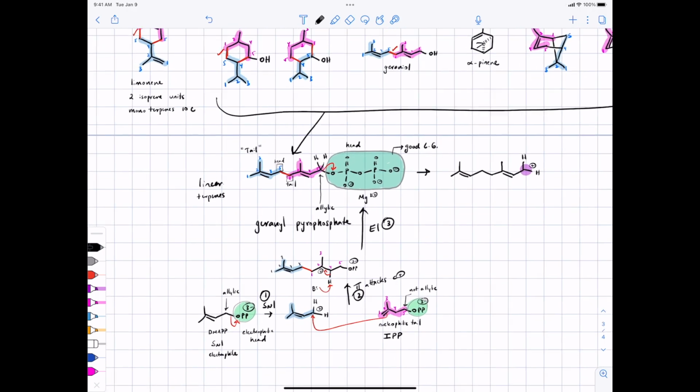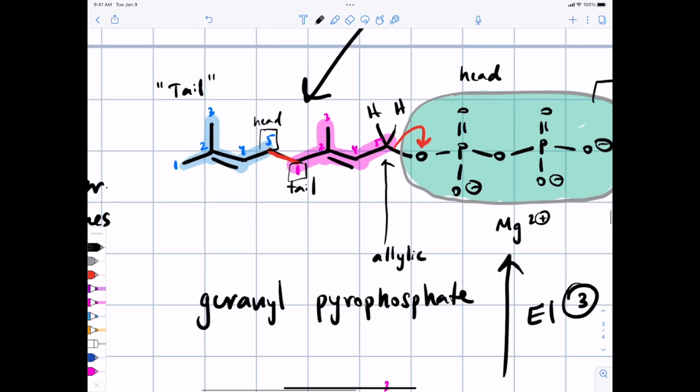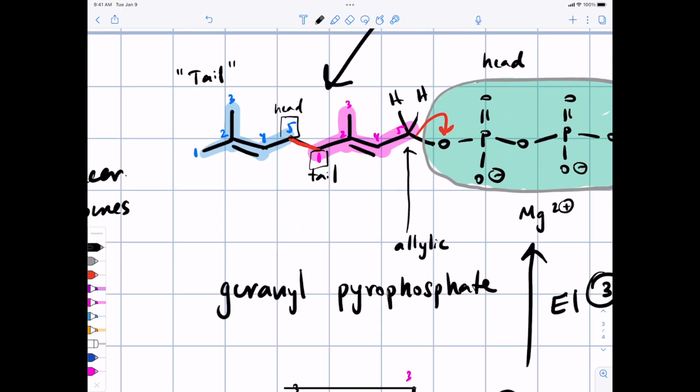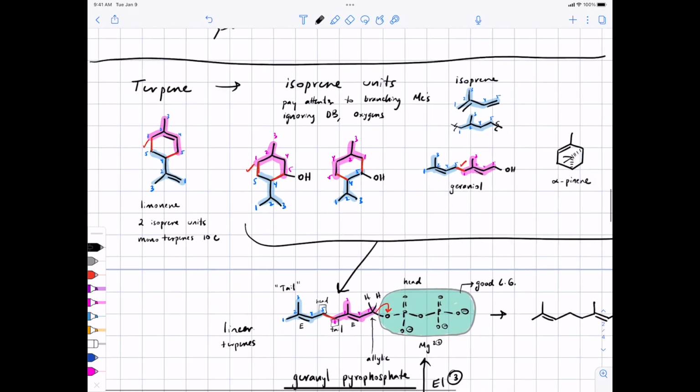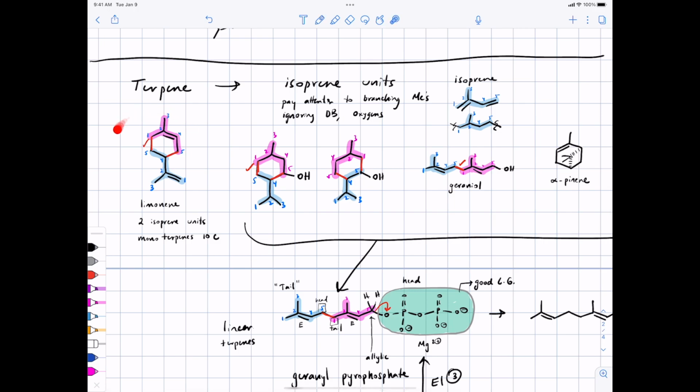All right, let's talk about stereochemistry. In the geranyl pyrophosphate, notice that the double bonds are all E. And sometimes we have to make some adjustments to deal with that fact. So I want to show you how we get limonene from the geranyl pyrophosphate precursor.